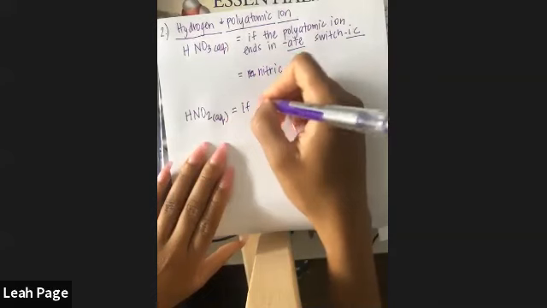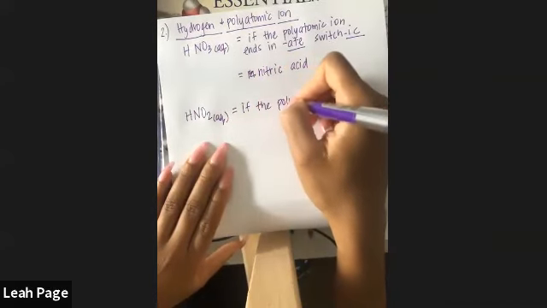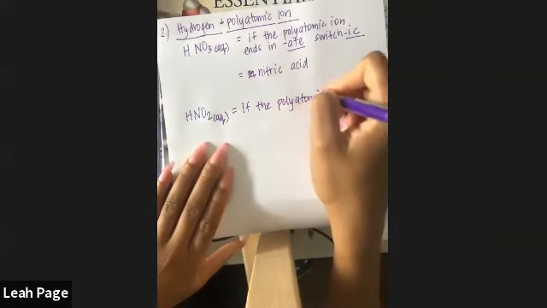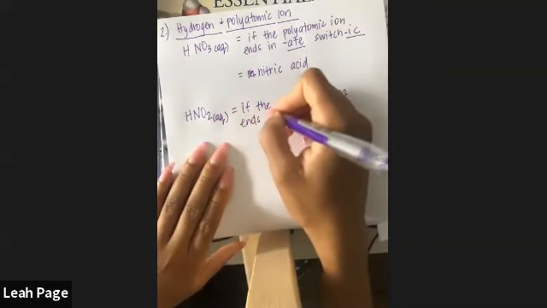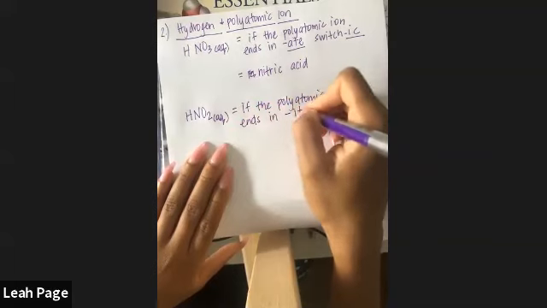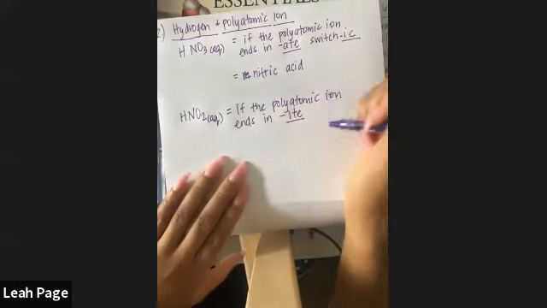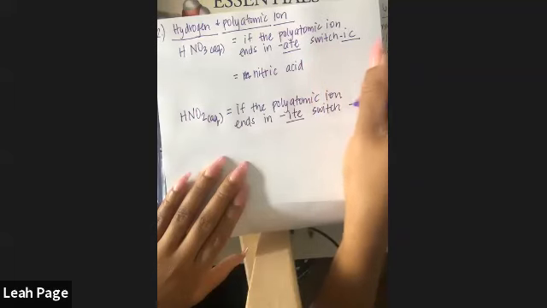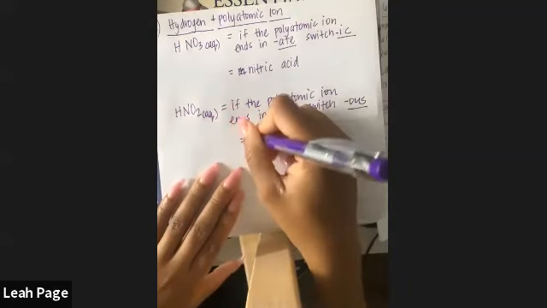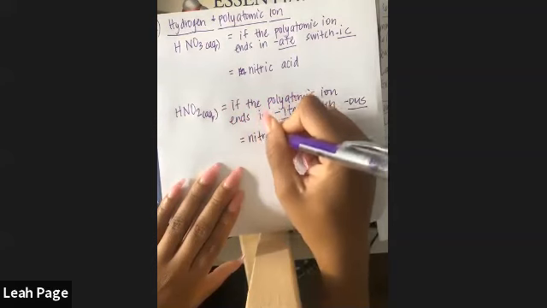If the polyatomic ion ends in ITE, like nitrite, switch to OUS. So this would be nitrous acid.